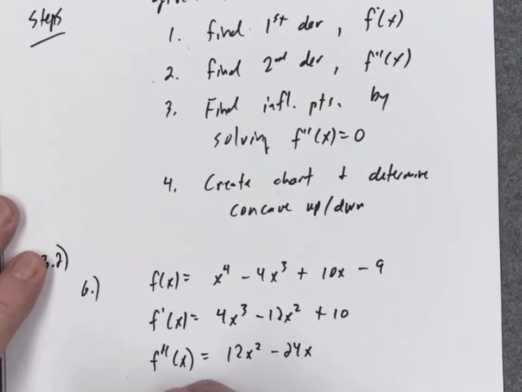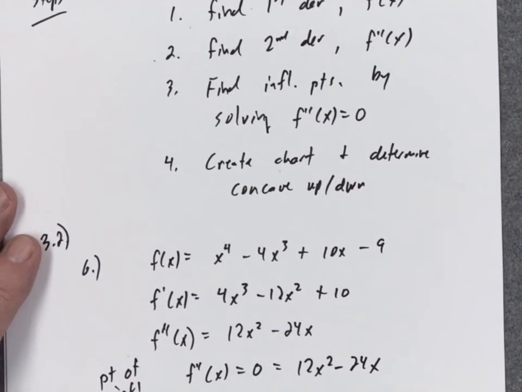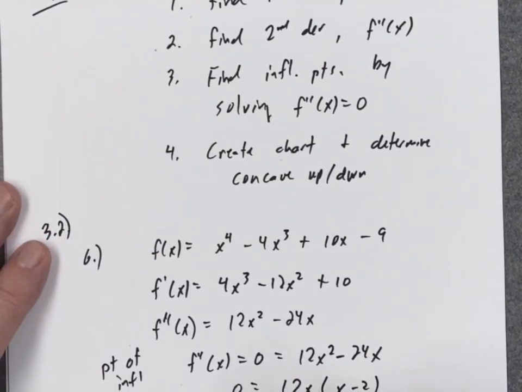Now to find the points of inflection, you take the second derivative and you set it equal to 0 and you solve this equation. So here I'm going to factor. I can factor out a 12x. And then, pretty simple algebra, the solution to this equation, x is 0 or x is 2.